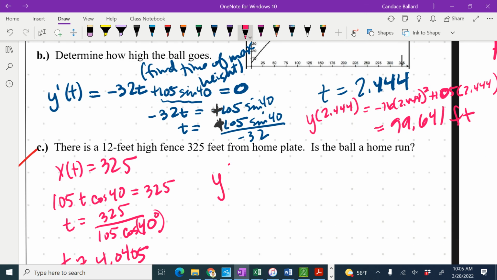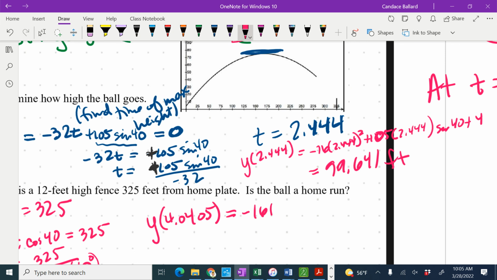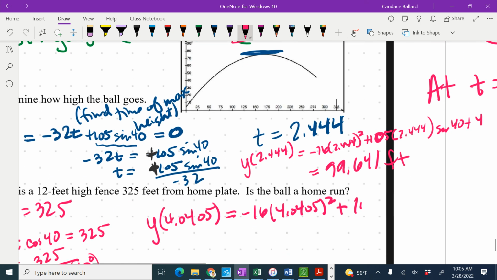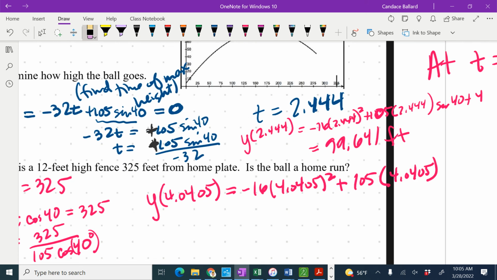So we're going to find y of 4.0405, which is negative 16 times 4.0405 squared plus 105 times 4.0405 times sine of 40, plus 4.